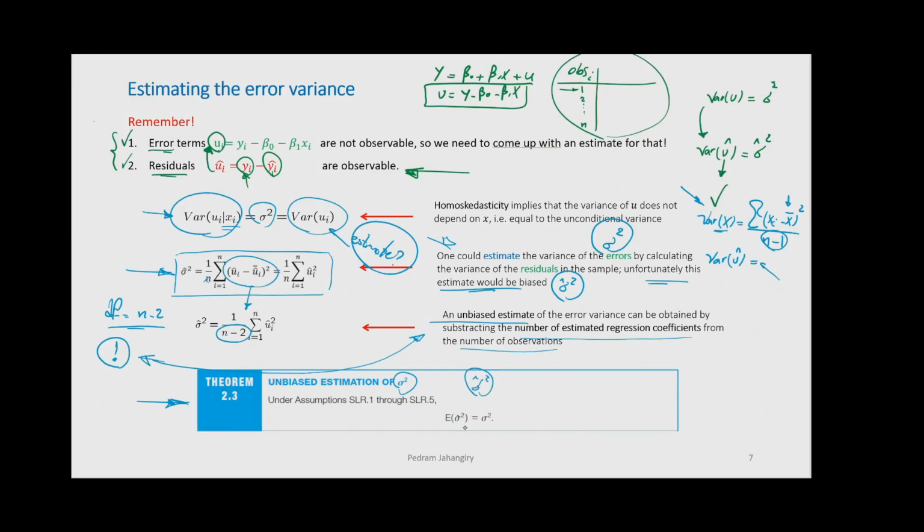What's the definition of unbiasedness? On average, you're hitting the target. There's a hat here. I don't know if you guys see it or not, but there's a hat. So sigma square hat is going to be an unbiased estimate of sigma square. It means that on average, they are going to be the same. And again, looking at the big picture, what are we doing?